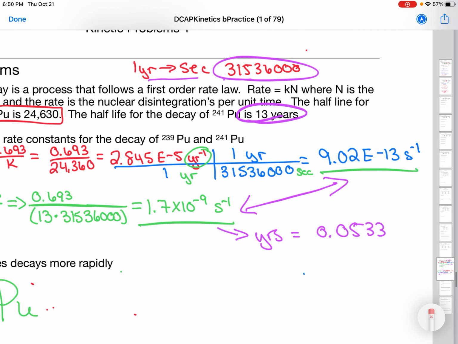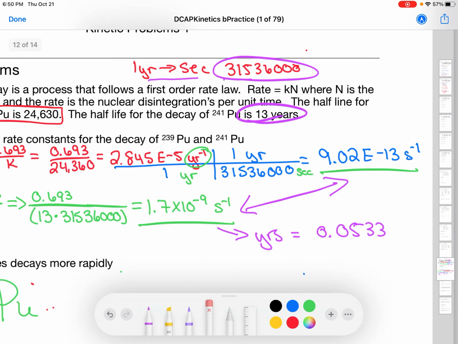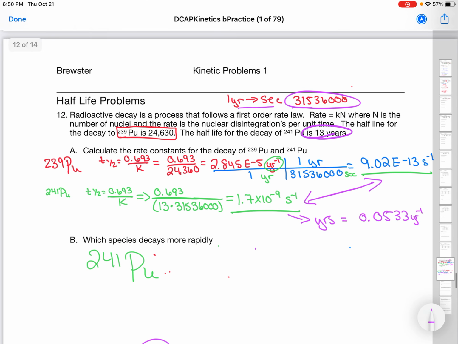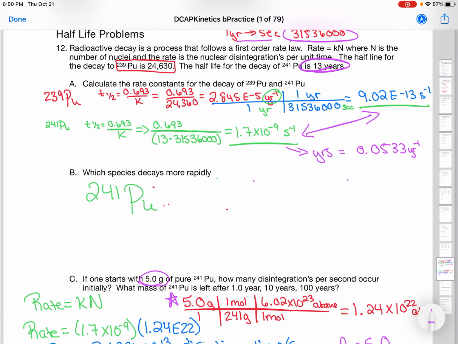Because I will tell you later on in the bottom problem, I need it back in years. And so I end up having to reconvert it again to get it back to years, which is this number here. Okay, and so the next question asks which one decays more rapidly, and it's plutonium-241.